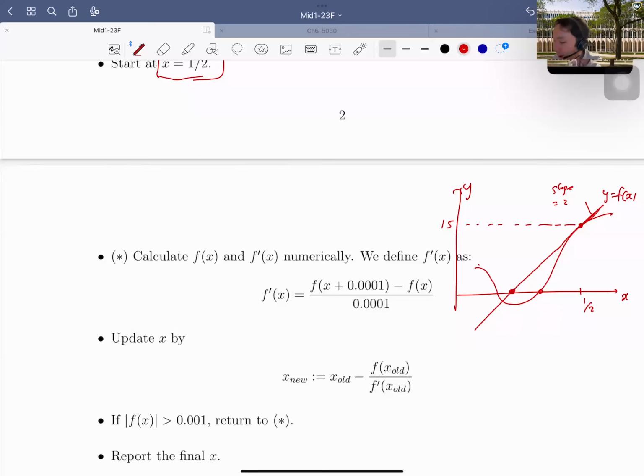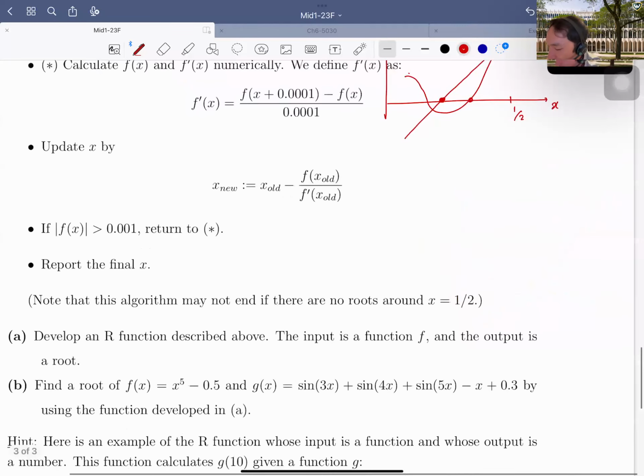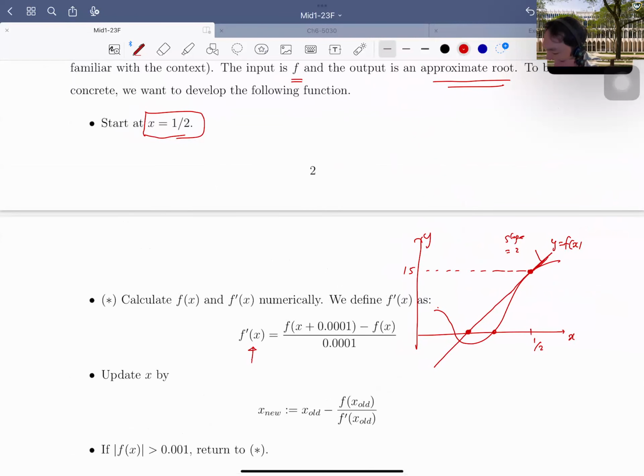So that is the Newton-Raphson method. To do that, we have to calculate the derivative of f(x) at 1/2. We are not doing mathematics, so we are doing a numerical computation. We just approximate f prime of 1/2 as this, with x equal to 1/2.